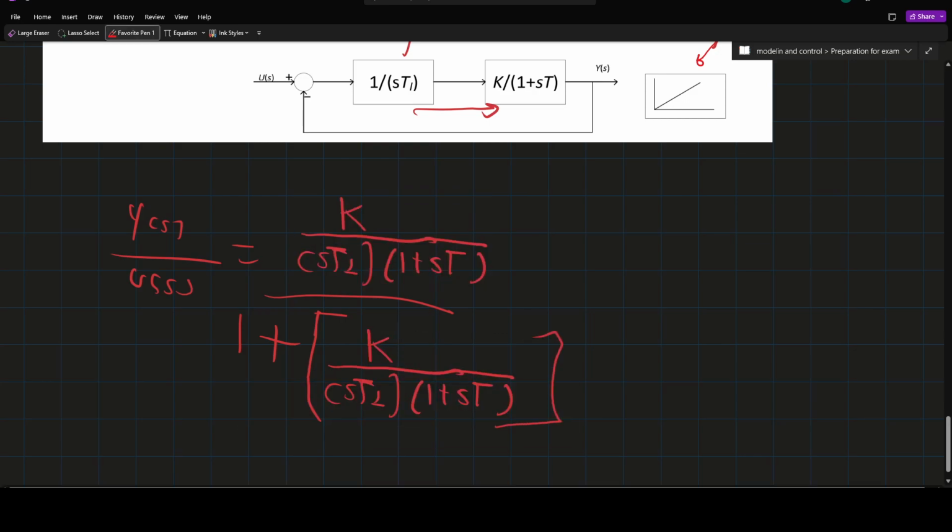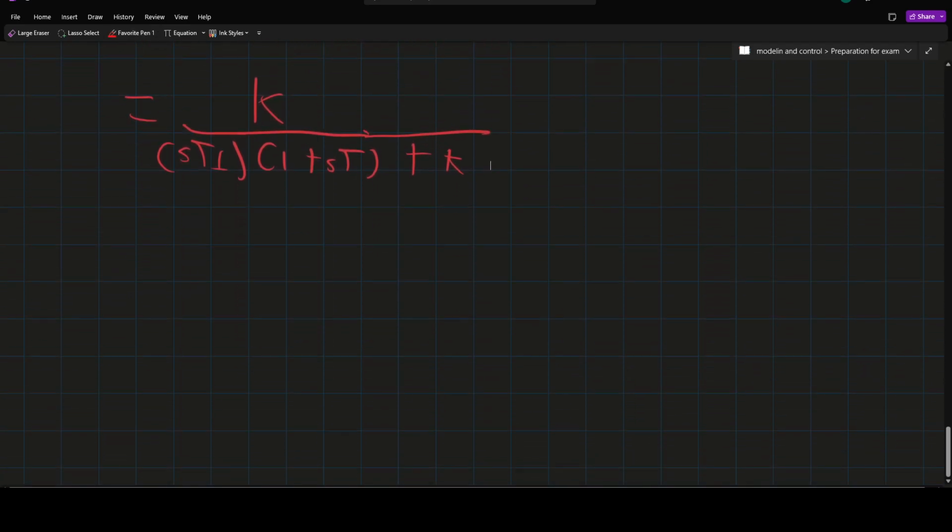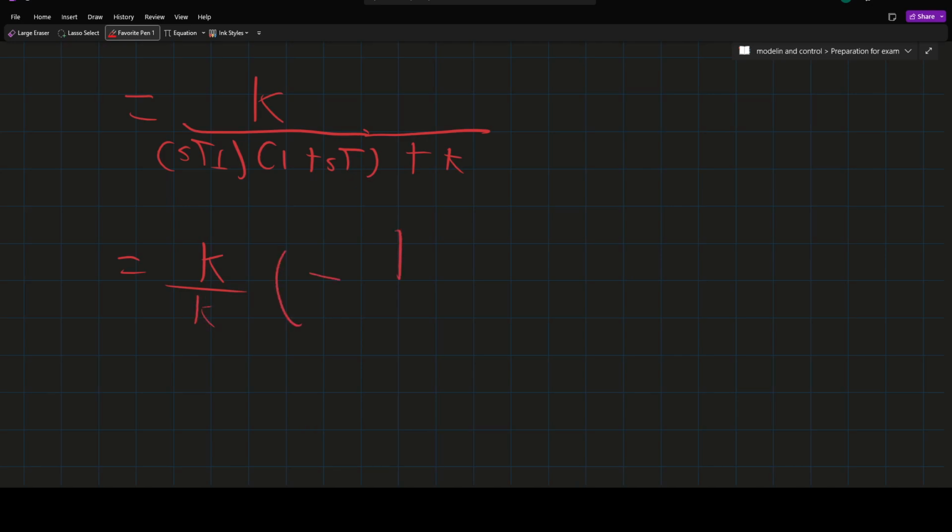Once you do all the math, this is gonna be K over τ_I s (1 + τs) plus K. If we factor out the K top and bottom, we have the form that we're trying to get.